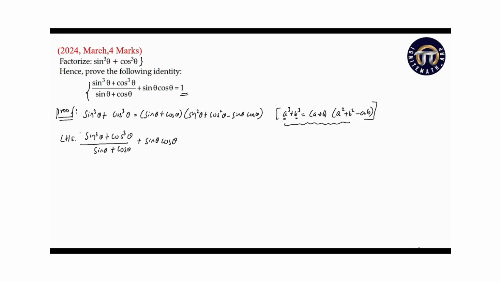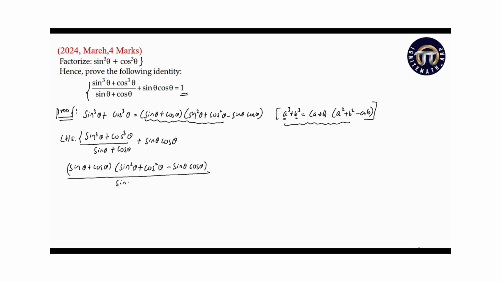Now if you observe the numerator over here, I have already factorized it in the first part of the solution. I will write the same expression. In place of sin cube theta plus cos cube theta, I will write sin theta plus cos theta into sin square theta plus cos square theta minus sin theta cos theta, and do not forget to write the denominator.